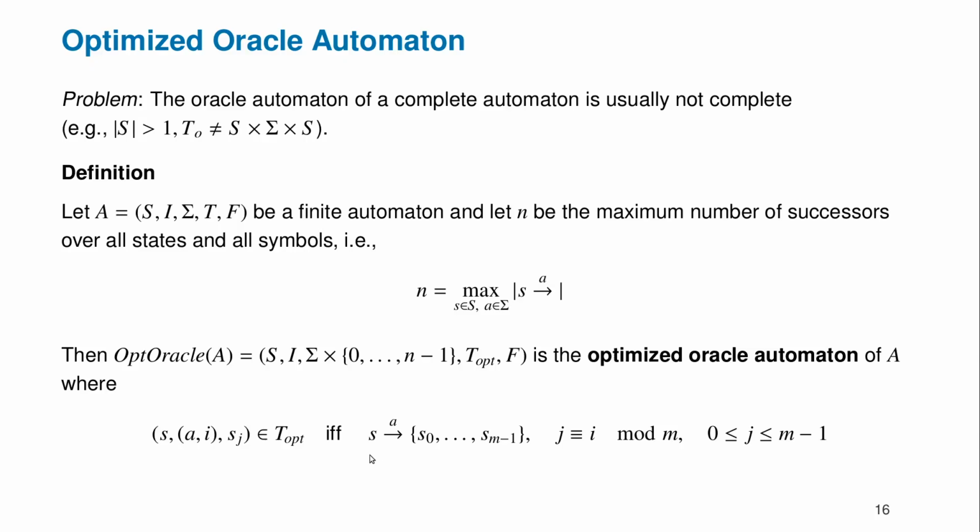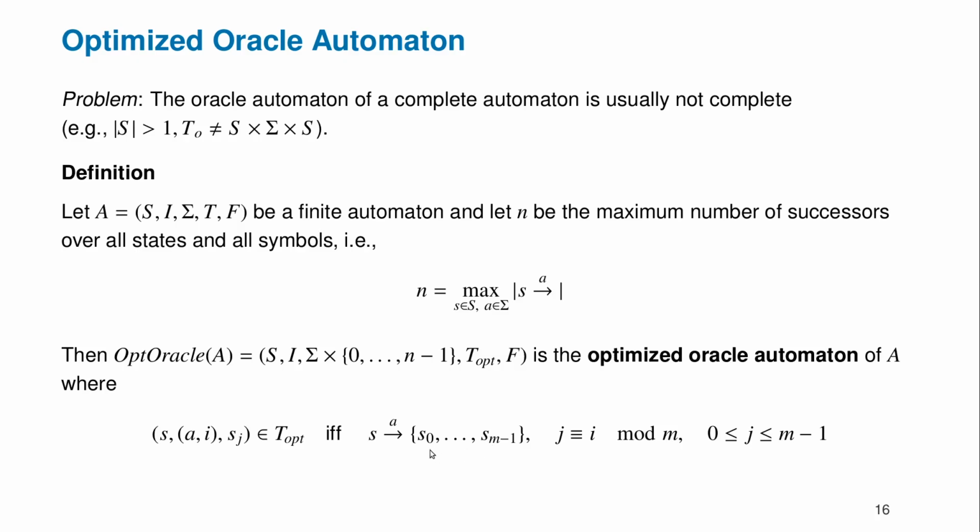Now we have to identify what is this Sj, and this is one of the states we can reach from S with an A, and we give each of the states a number, and this number is m minus 1 at most.